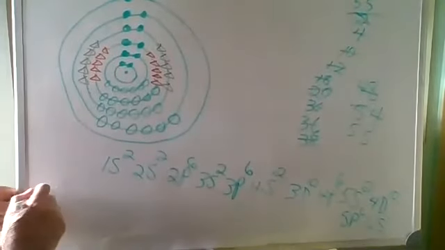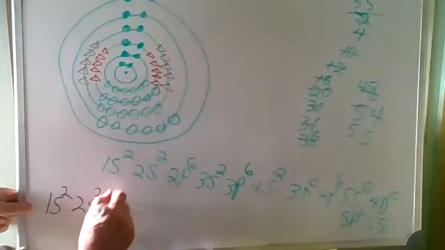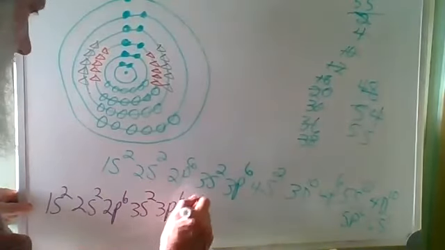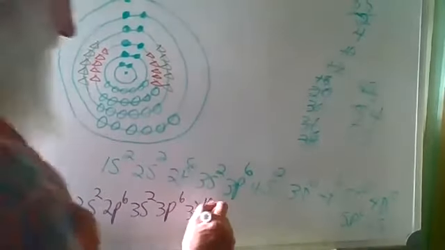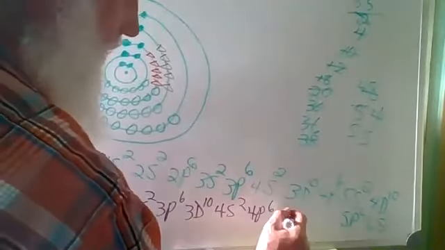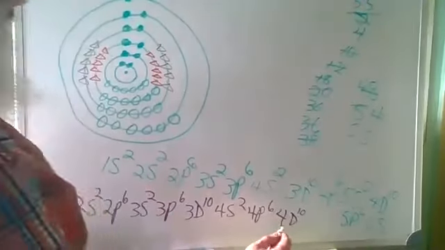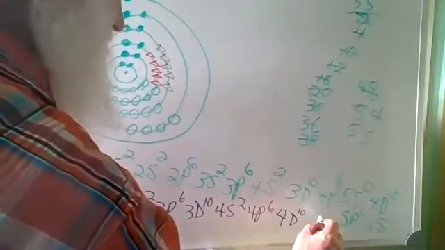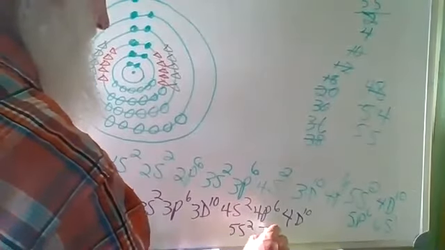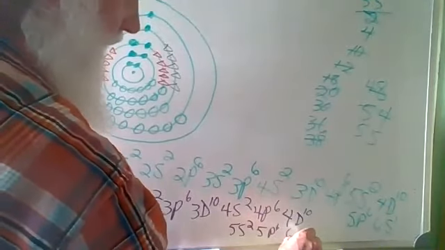So, 1s2, 2s2, 2p6, 3s2, 3p6, 3d10, 4s2, 4p6, 4d10, 5s2, 5p6, 6s1.